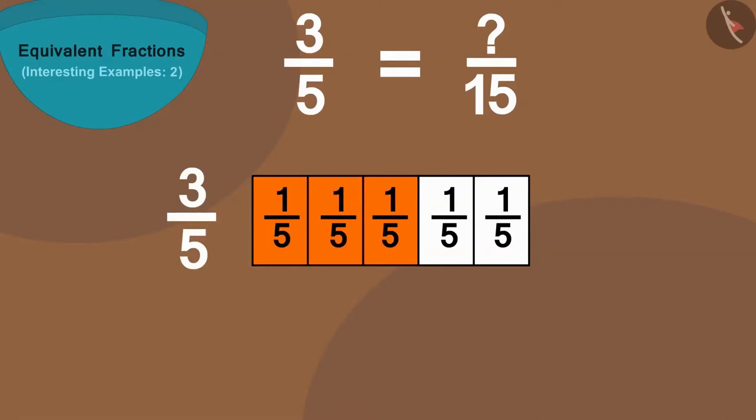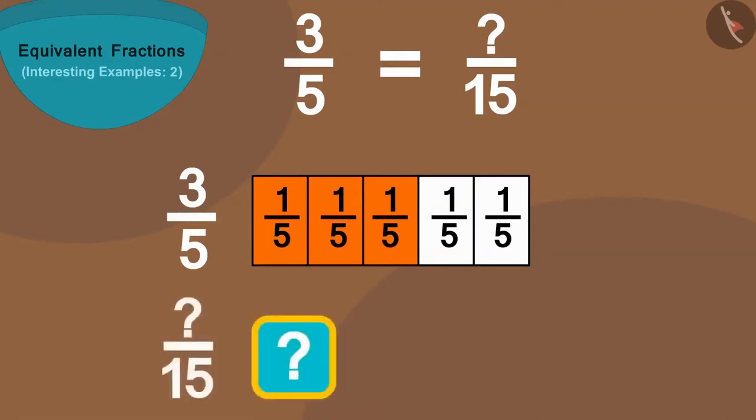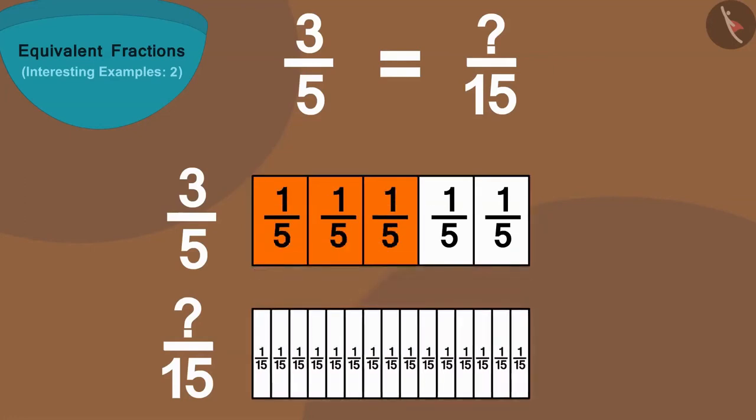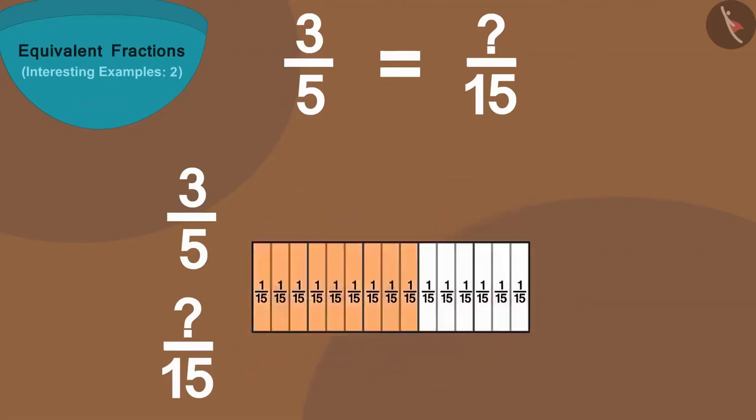Now, how many parts are there in its equivalent fraction? 15. Come, let us make a strip of equal length of this strip just below it and divide it into 15 equal parts. Now, if we put this strip on top of the first strip in this way, we will find that 15 parts of this strip are equal to 5 parts of the first strip.